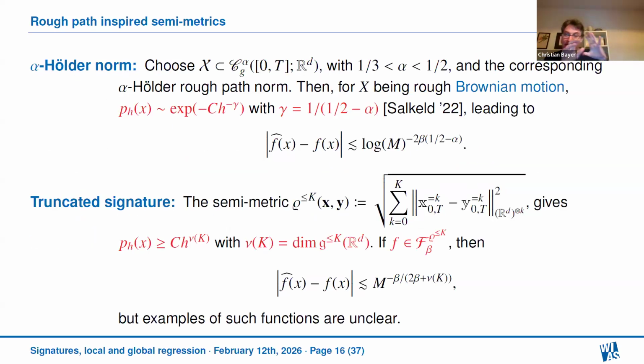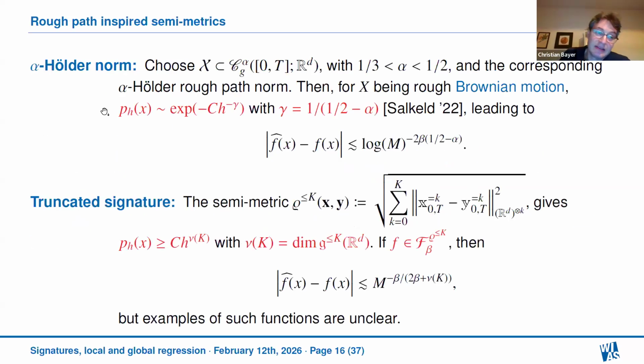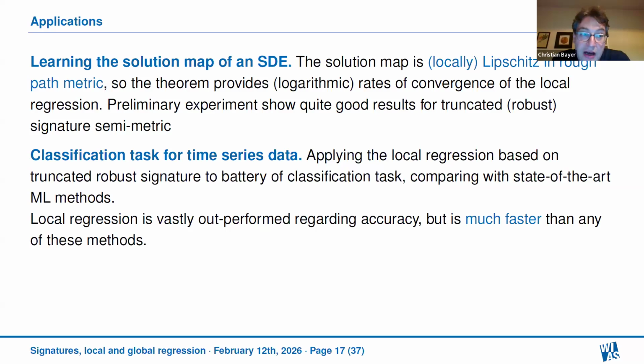But if I take the rough path Hölder norm, then a very nice and interesting example of a, in fact, Lipschitz continuous function is the solution map of an SDE. So in the first case, where our metric is the rough path metric, there is actually a very rich class of Hölder continuous functions, in fact, even Lipschitz continuous functions, including the solution maps of rough and also stochastic differential equations, assuming that the driving vector fields are nice enough.